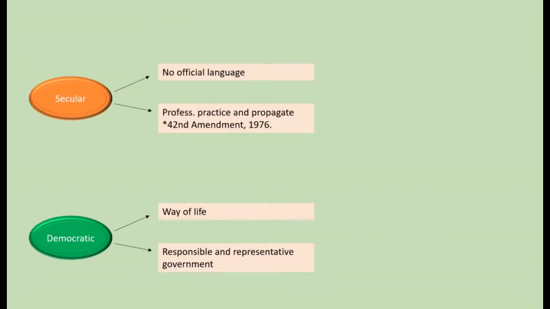Third, secular. India is a secular state because the Constitution has guaranteed freedom of religion to all citizens under Article 25 to 28. This implemented the liberty of belief, faith, and worship embodied in the preamble.